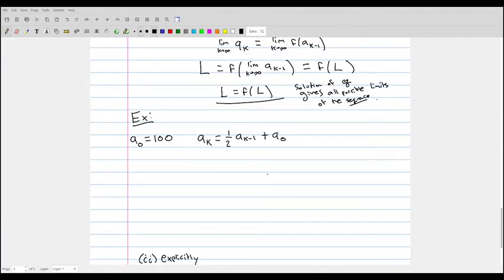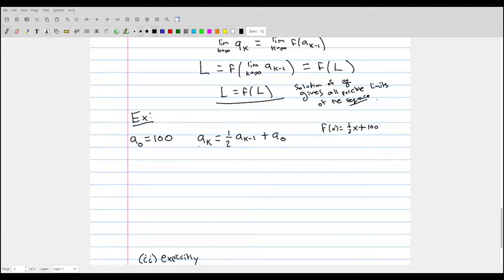Now if you take the limit of both sides, so you apply this procedure right here, which we can definitely do because the function f of x equals 1/2 x plus a_0 is definitely a continuous function that we can take the derivative of. It's differentiable 2 times, and it's a nice linear function. So because it's a continuous function, we can think about looking into whether this limit exists.